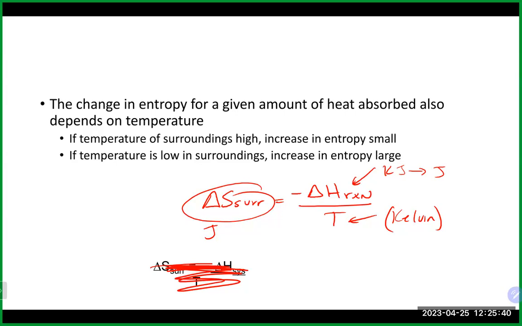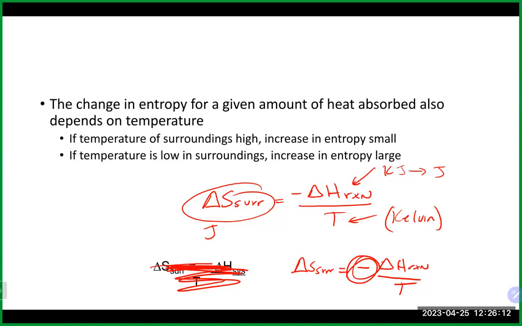Also important is this equation here. The delta S of the surroundings equals negative delta H of the reaction divided by the temperature. And that negative is there for a reason: the opposite relationship we just spoke about. The reason I point this out is that later in this chapter we will see this exact same equation, but there will be no negative.